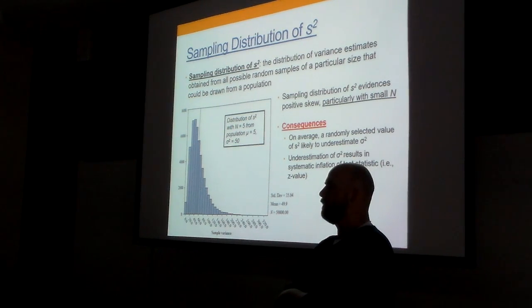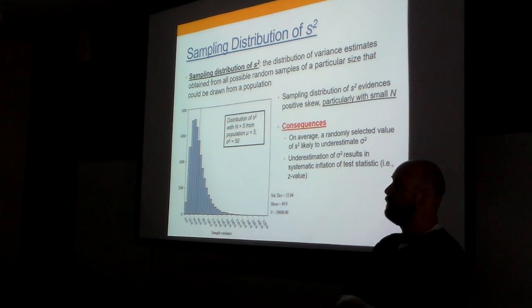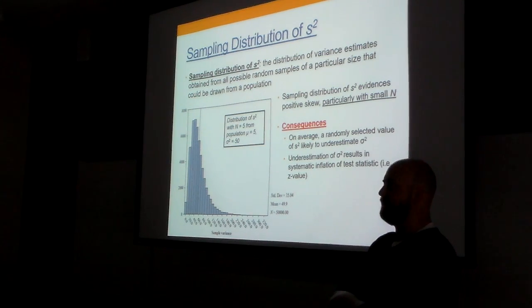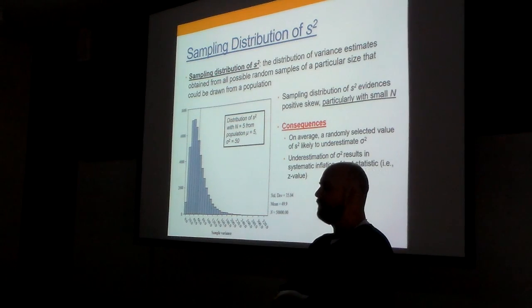Test statistic, what do you mean? Like my Z test. It's too large. Am I going to reject too much or fail to reject too much? I don't know. It's a 50-50. Give it a shot. Fail to reject.